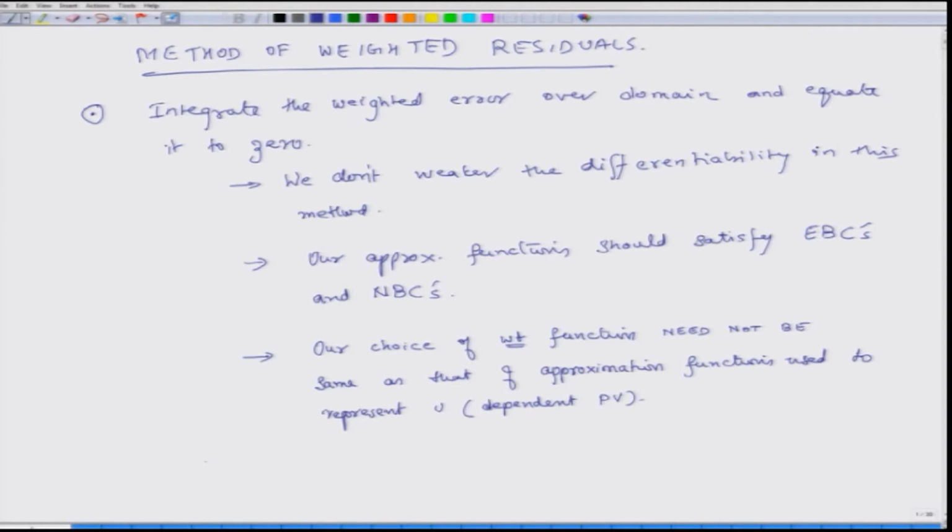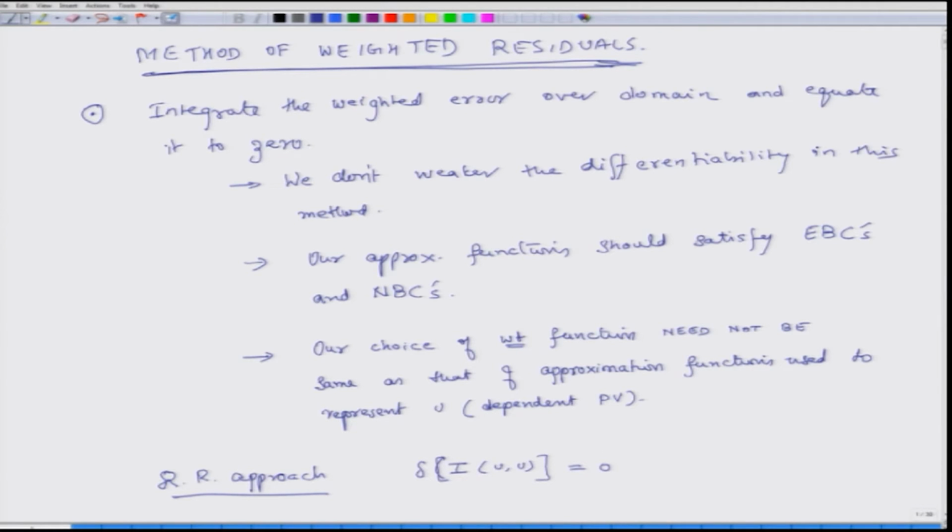The advantage of this weighted residuals is, in our Rayleigh-Ritz approach, effectively we had shown that we were taking the variation of some functional I, which was bilinear in nature and symmetric, and that variation we were equating to 0.